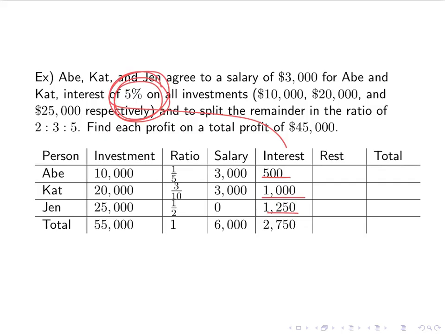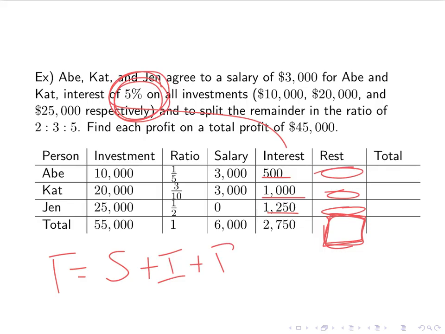Next, I want to do the rest. But again, before I can fill these in, I need to know the total rest. So in this case, the total is the salary plus the interest plus the rest. The total I know is 45,000. Salary is 6,000. Interest, I'm putting it in thousands.